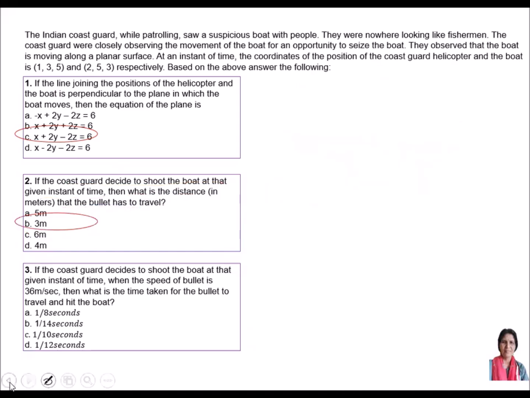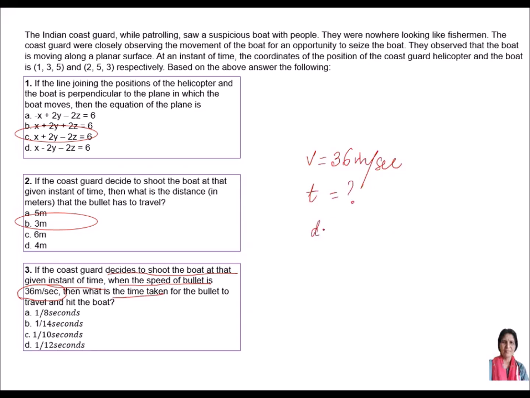Coming to C part. If the Coast Guard decides to shoot the boat at the given instant of time when the speed of the bullet is 36 meters per second. So V is 36 meters per second. What is the time taken? Time is asked.